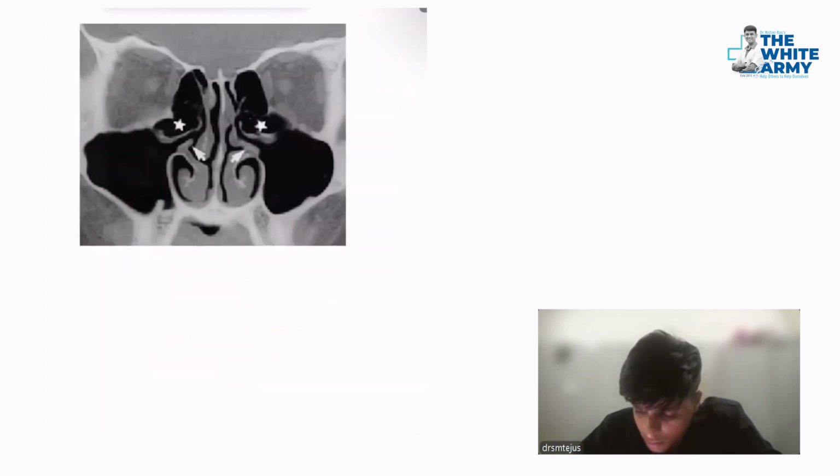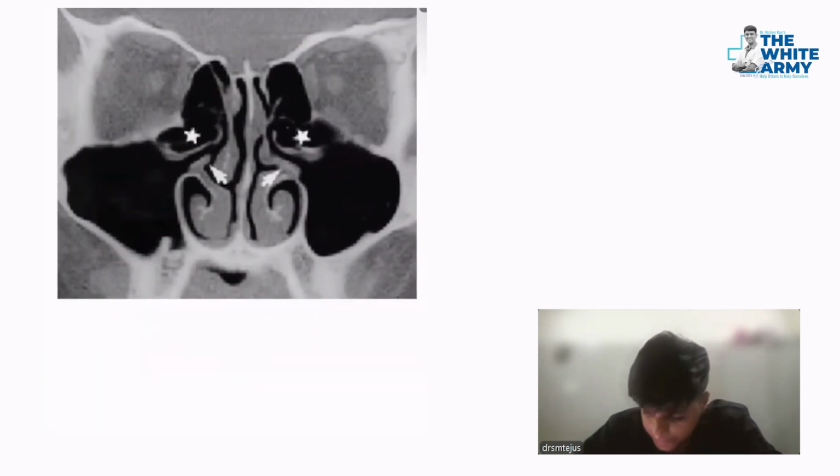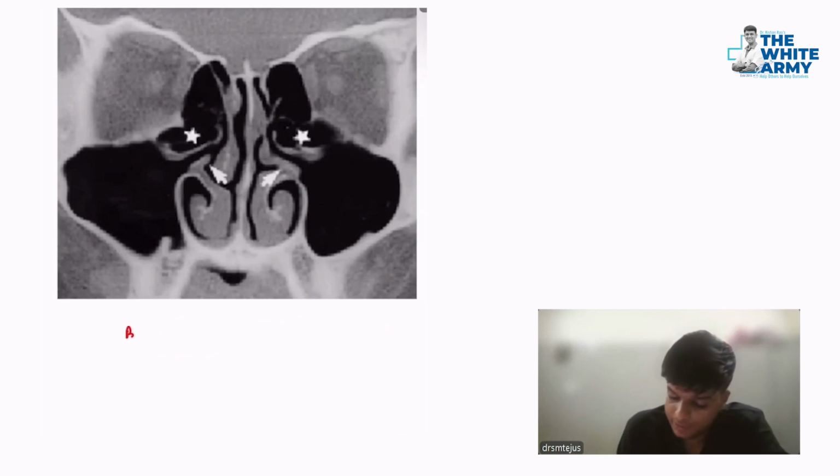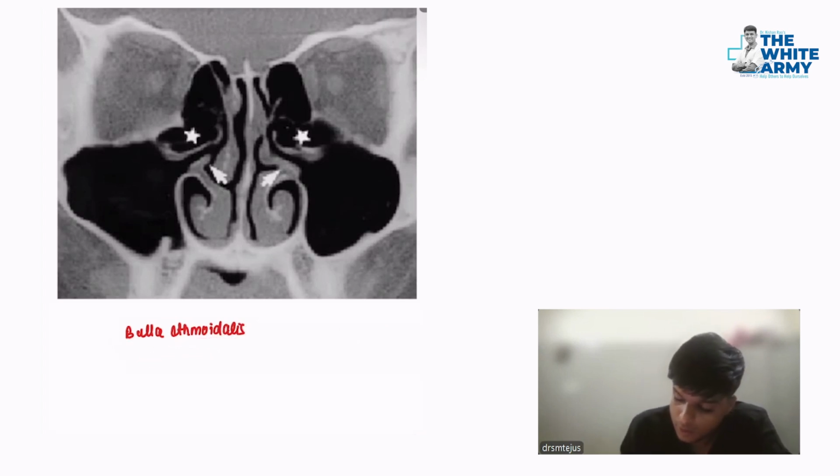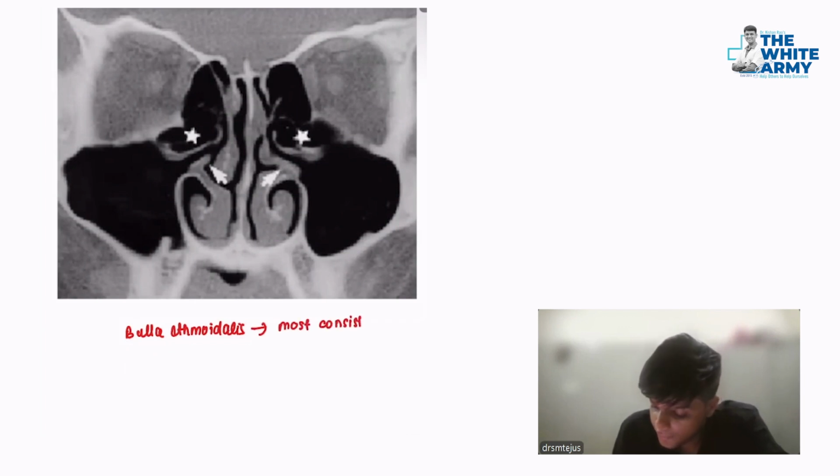and this will be the one on the left side. Moving on to the next air cell, bulla ethmoidalis. Bulla ethmoidalis is considered the most consistent, and it's the biggest ethmoidal air cell.